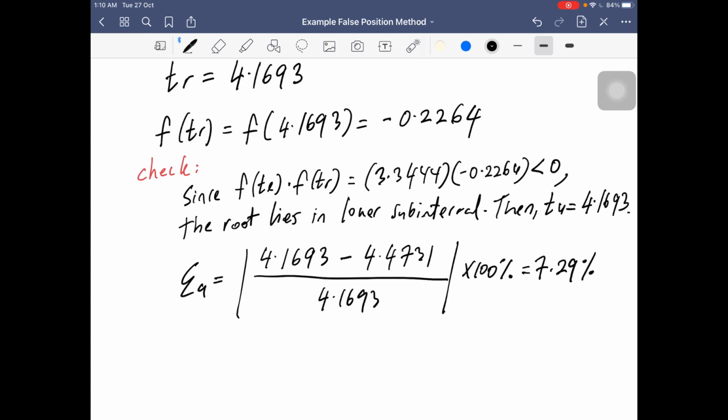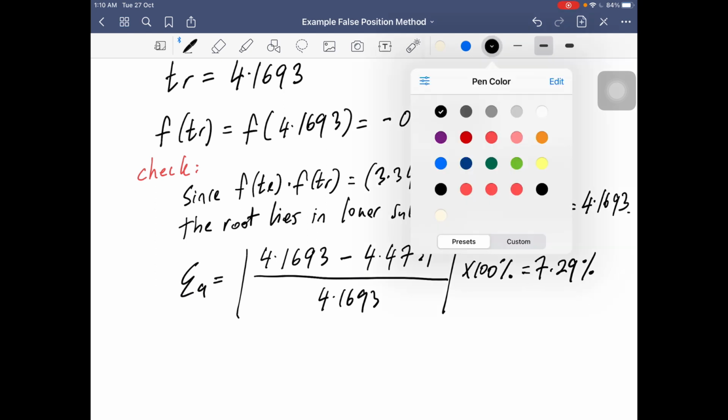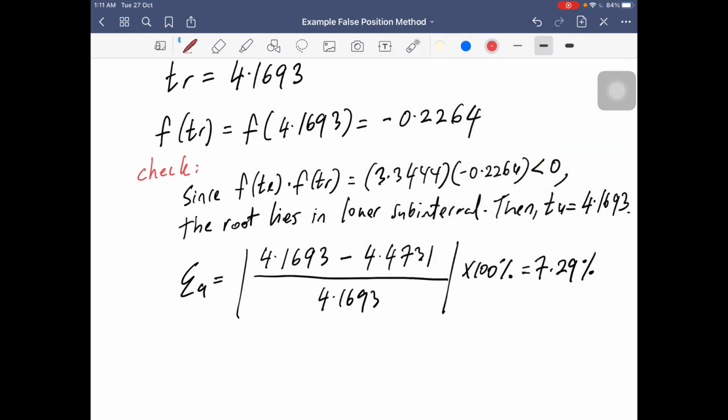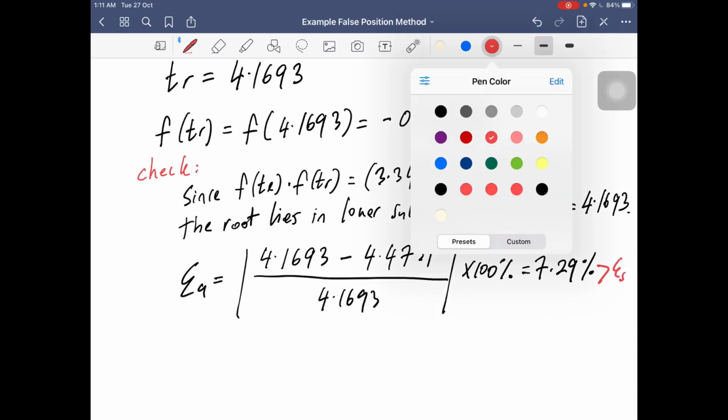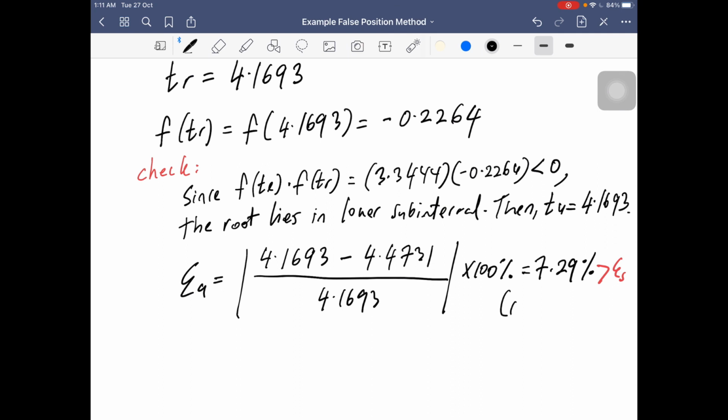Okay, so since this value is greater than our stopping criterion, then we need to continue to the next iteration.